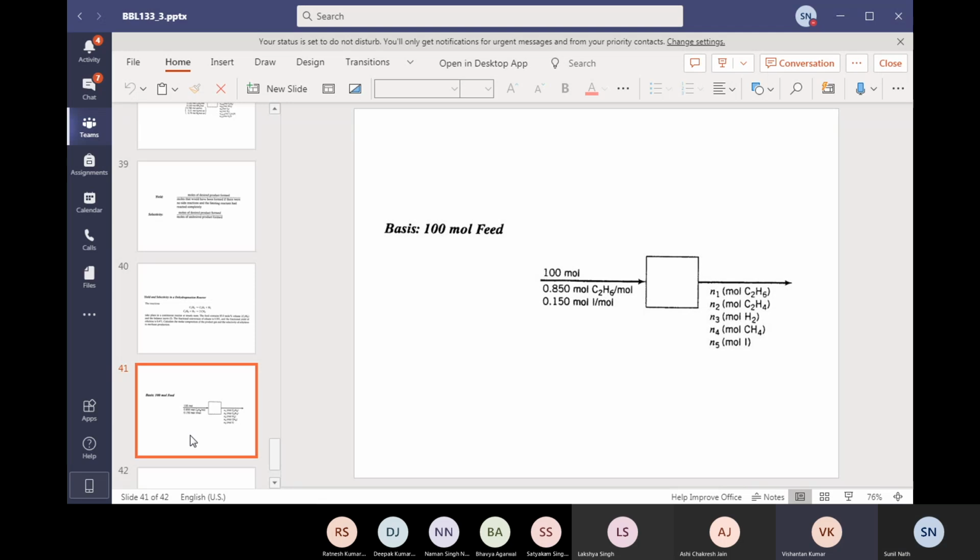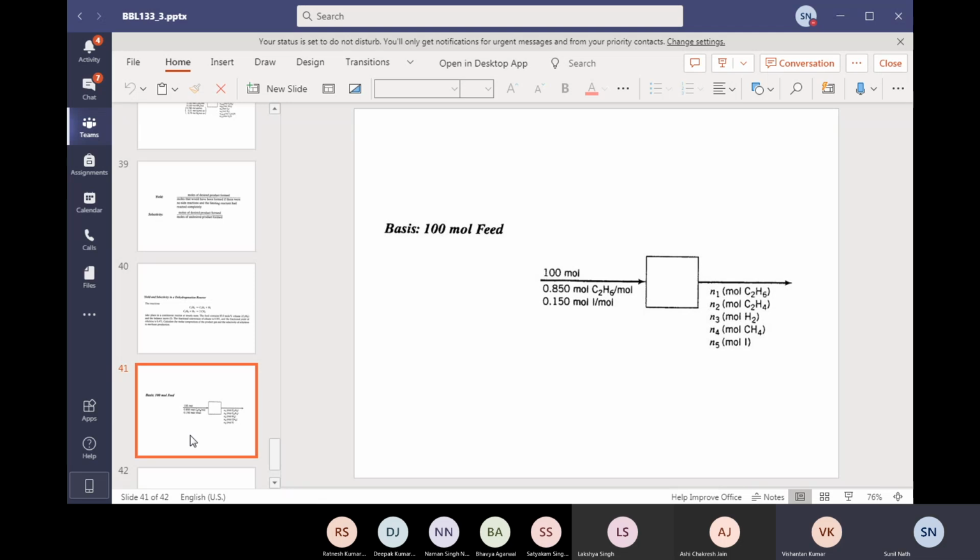Of course 30.3% was left unreacted, so that's 42.42 moles, the output. If you subtract that from 85, you will get the moles reacted. That's 42.58 kg moles of C2H6 consumed per hour, approximately 42.6.